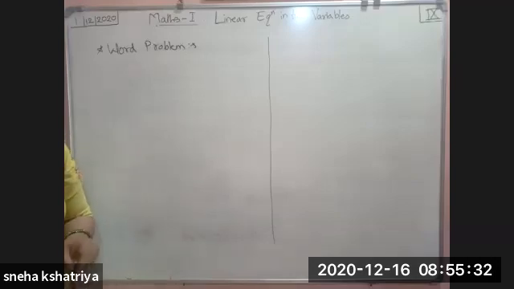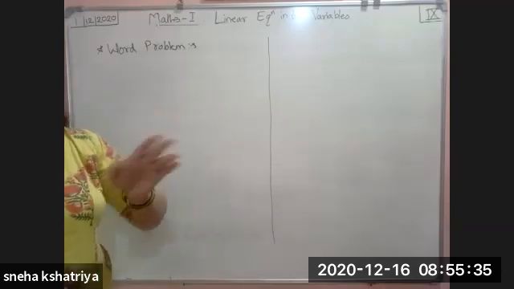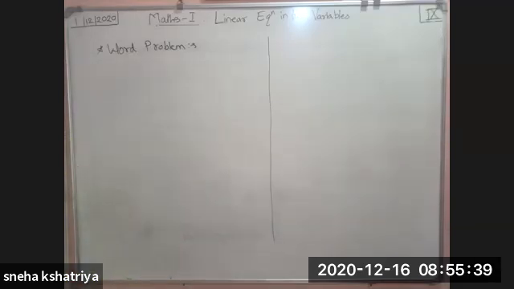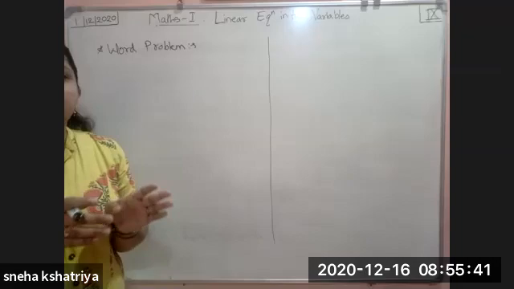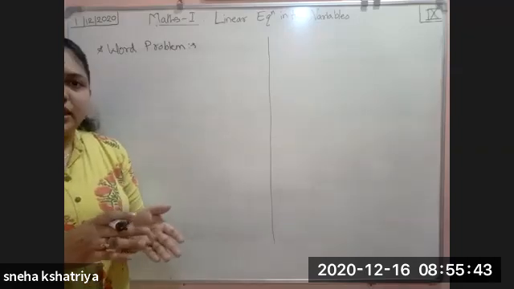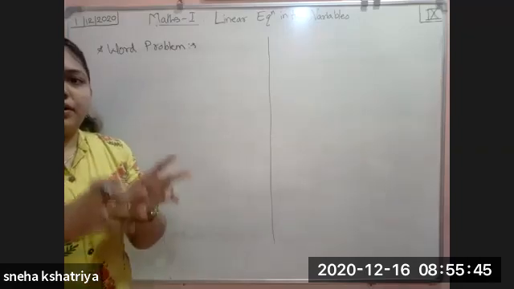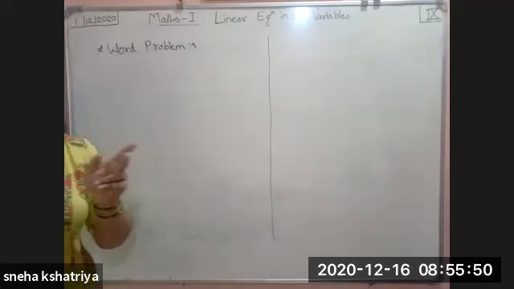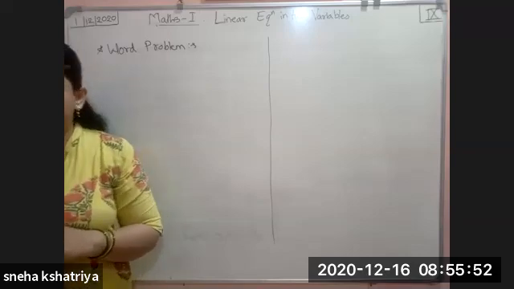Besides that, there is one example given to you. First we will see that example because it is very easy and already solved there, so it will be easy for you to compare. Then we will go to practice set 5.2.